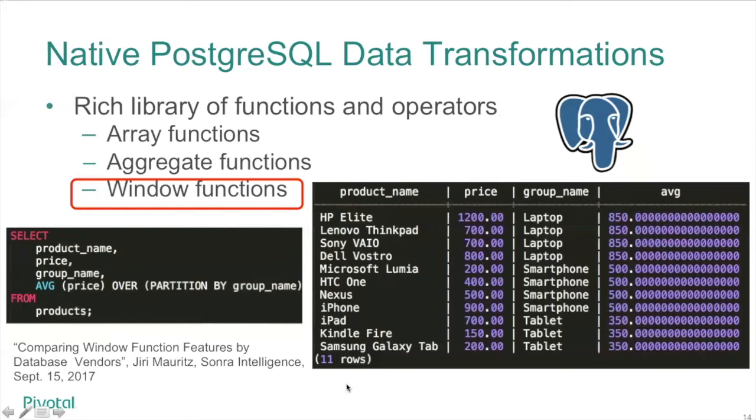And I would refer you to this blog post on comparing window function features by database vendors. And this is a comparison of 10 or 20 different open source and commercial products, comparing things like window functions, and it really shows Postgres at the top of that list.